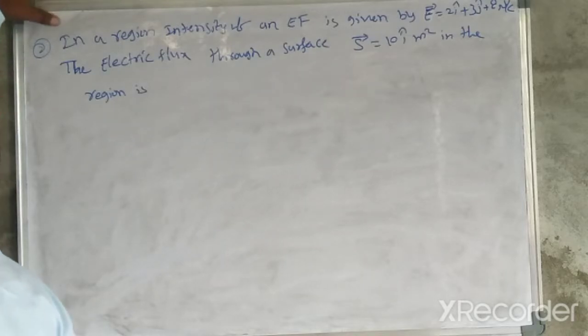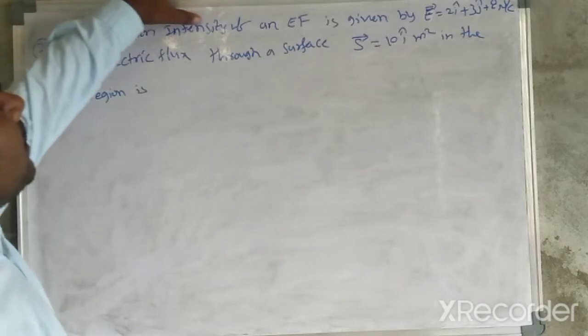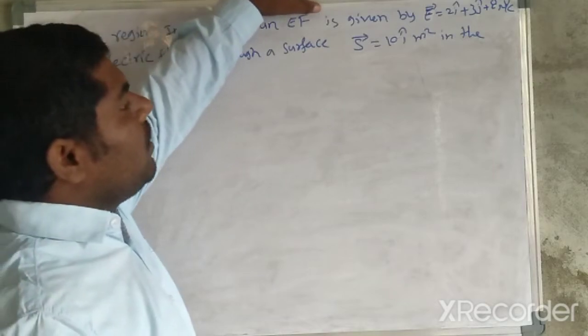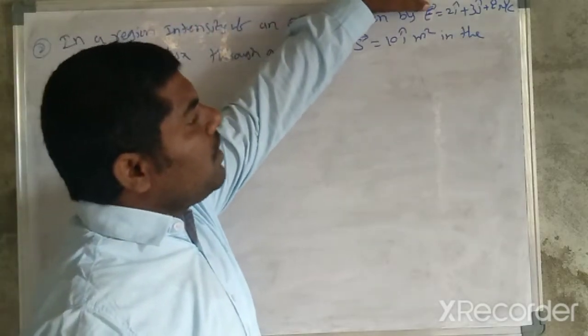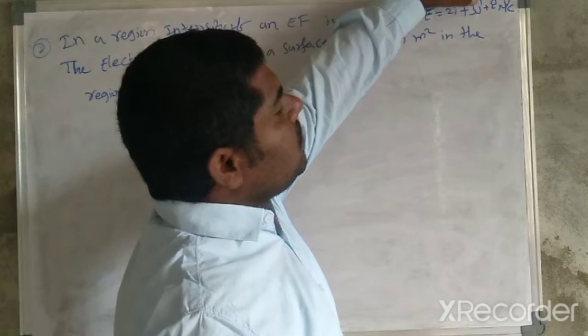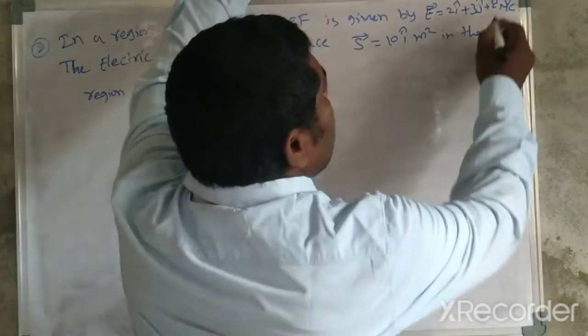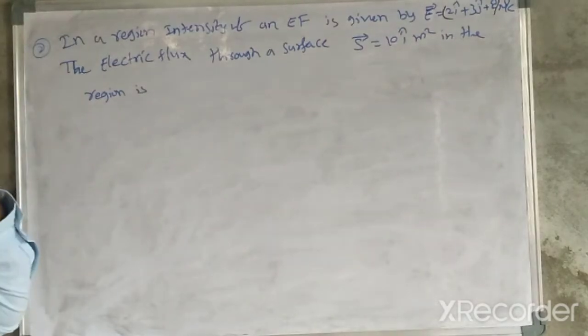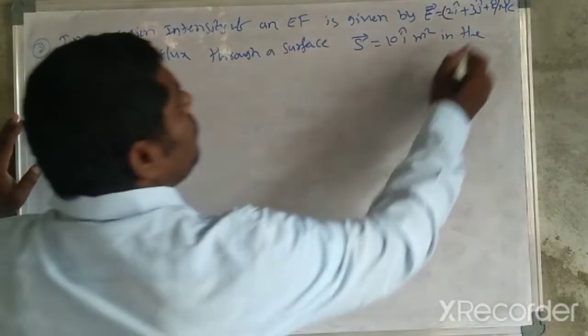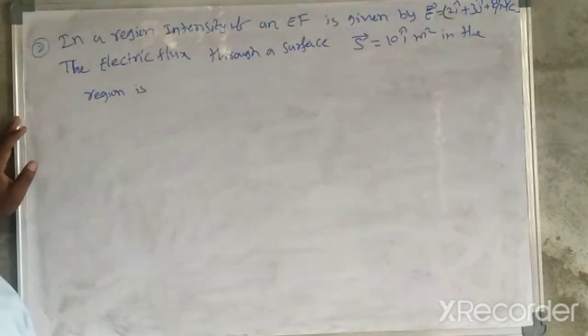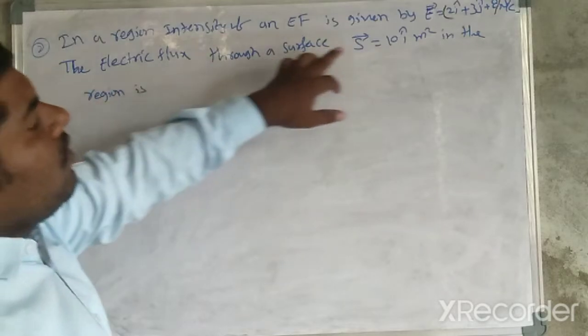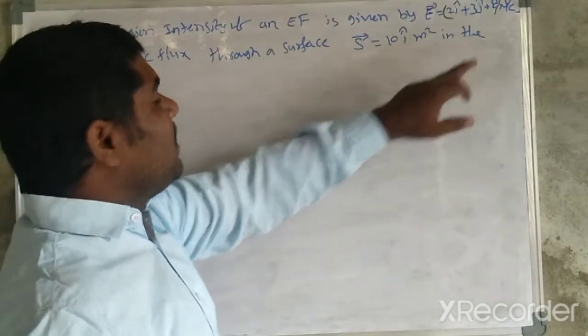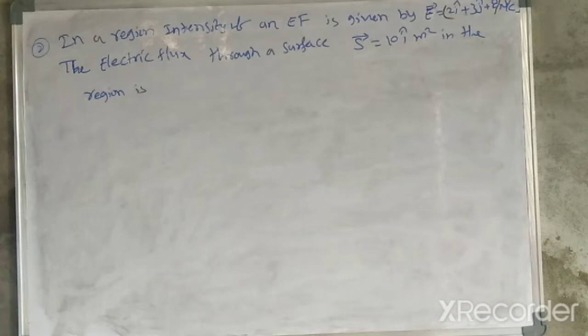Next model. In a region, the intensity of an electric field is given by E bar is equal to 2 I cap plus 3 J cap plus K cap Newton per Coulomb. The electric flux through a surface S bar is equal to 10 I cap meter square in the region is.